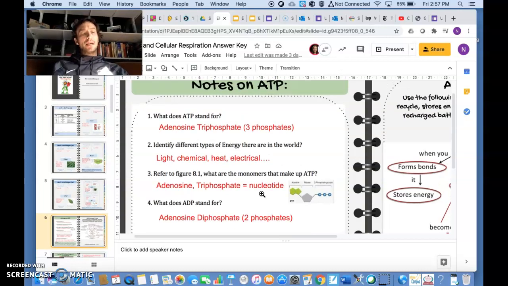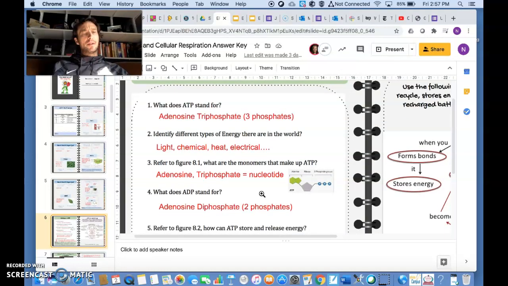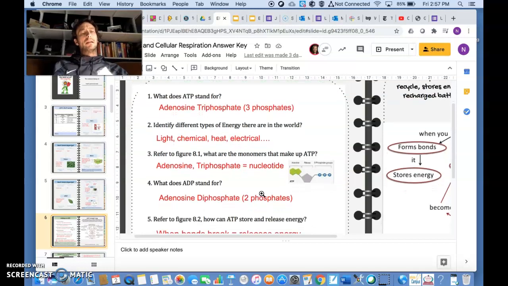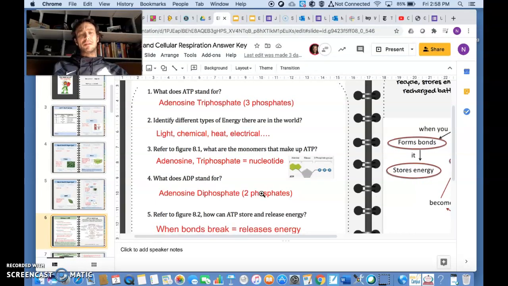So, to key out where you should be at roughly at this point, starting on page 6, remember last week we talked a little bit about what ATP stands for. For our purposes, I always think of ATP as the dollar bill of the cell, right? The most useful currency in the cell.